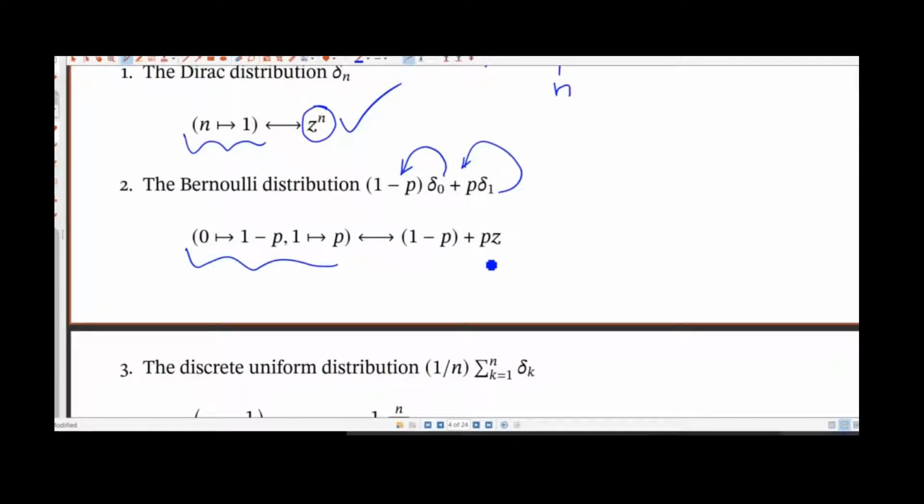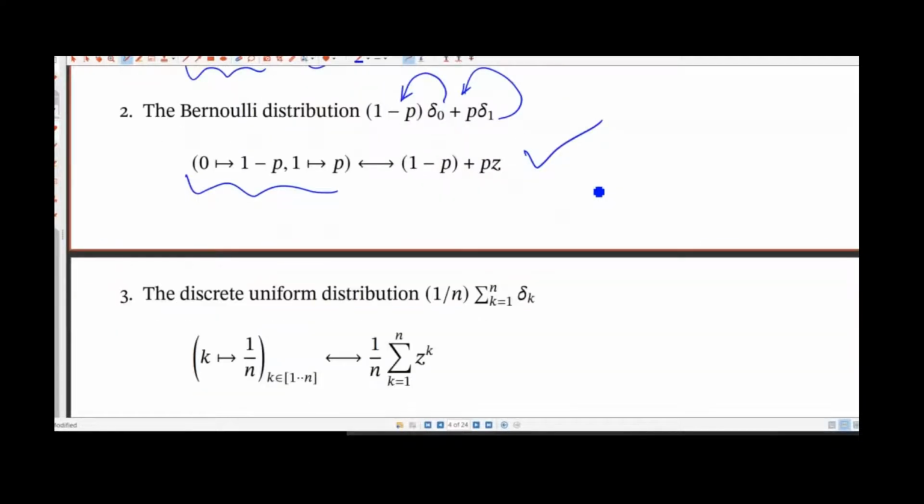Yeah, you write this so that the 0 becomes the exponents and the probabilities become the coefficients. So 1 minus p, z to 0th. This is z to 0th, and that's why it's 1. And p, z to 1th. Yeah. And do compare the left side with the right side. This is a very nice function. We can do everything with it.